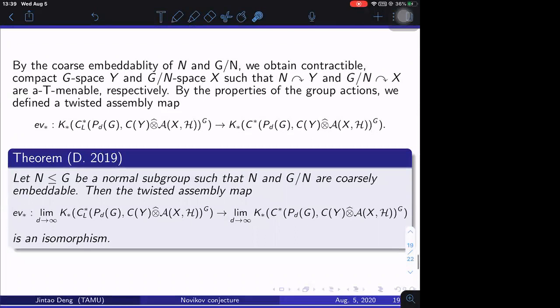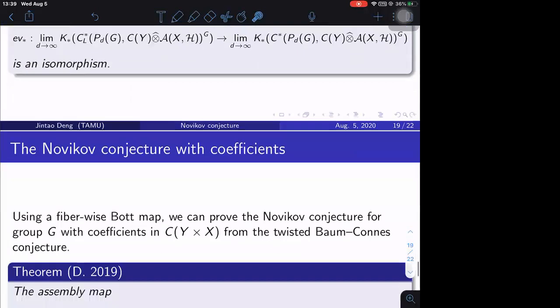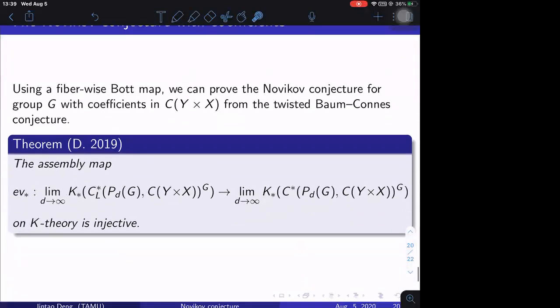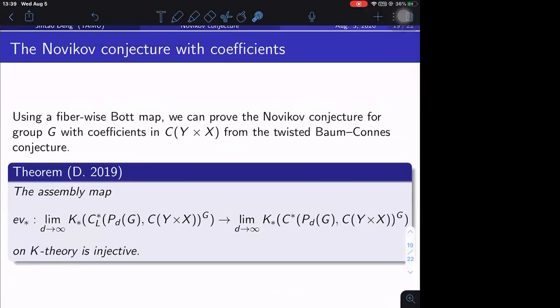And next we will drop off the coefficient. So actually we can define a fiber-wise Bott map.